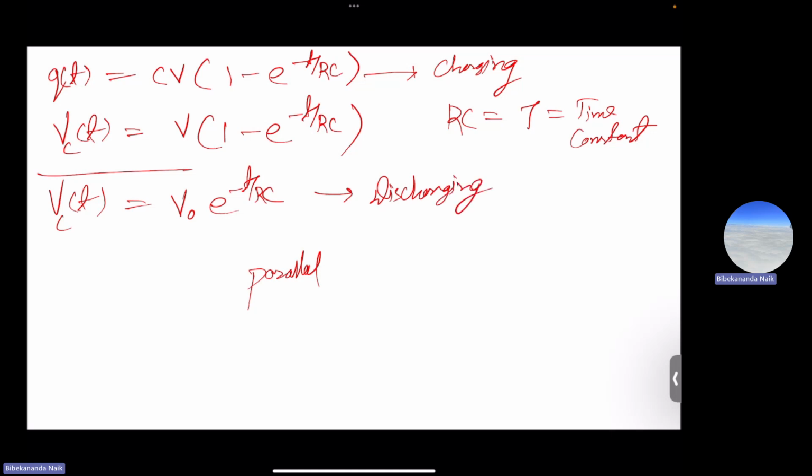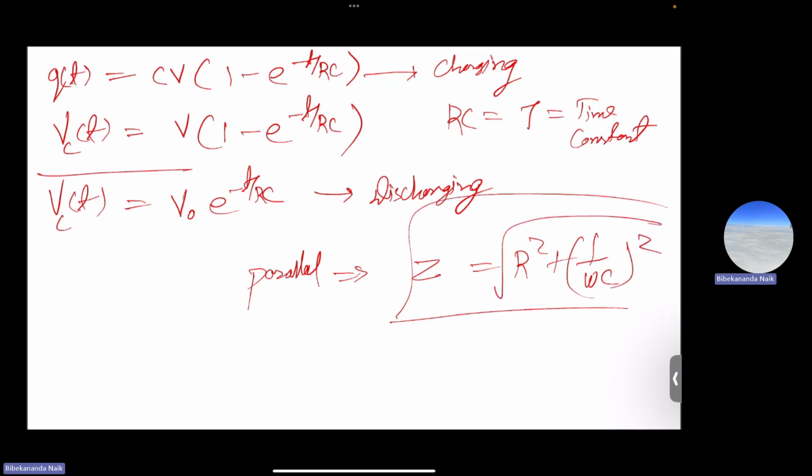Then talking about the parallel circuit, here Z will be the square root of R square plus (1 by omega C) square. This is the case of this parallel circuit, and the phase angle phi will be minus 1 by omega RC.